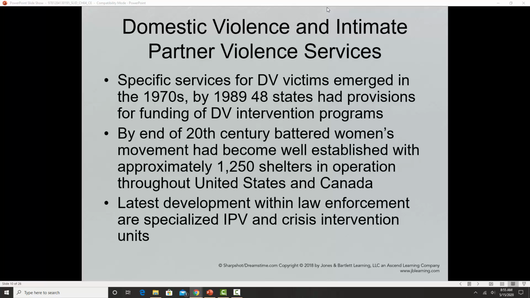These shelters often offer other services as well, like counseling services for victims. They offer education programs, funding programs for women to become educated in a new career path so that they can leave abusive relationships.